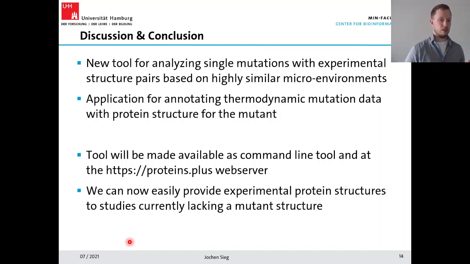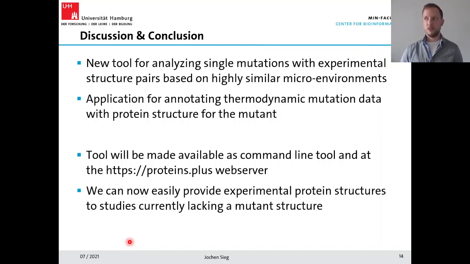However, I think that there are many other applications imaginable where such structure pairs would be valuable, for example, in structure modeling, sidechain conformation prediction, or even in other areas like research on resistance mechanisms of relevant drug targets.